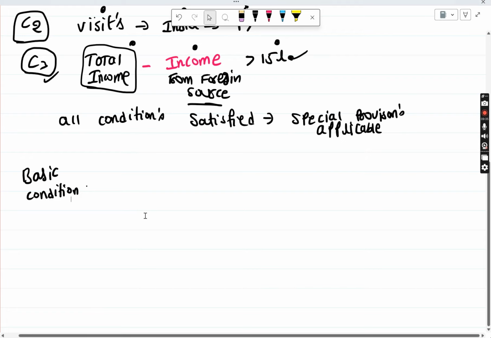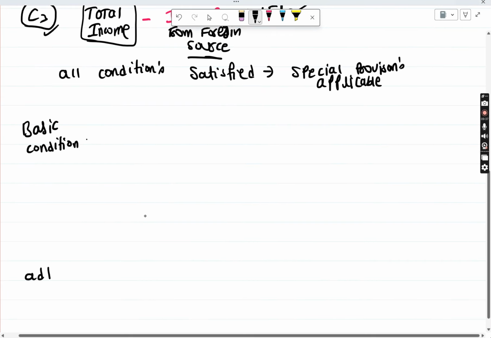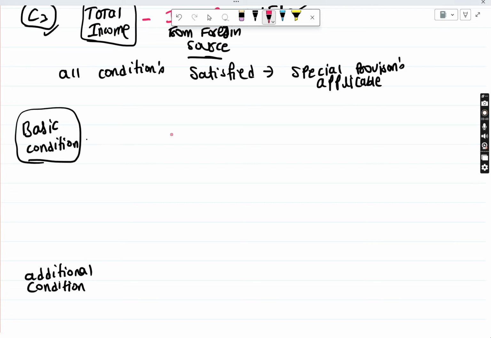So here there are something called basic conditions and additional conditions. Now, basic condition 1 is that this person, whoever we are talking about, that assessee, in the previous year should stay more than 182 days in India, that means equal or more than 182 days.